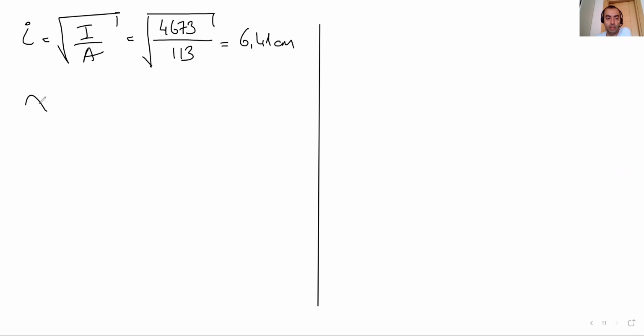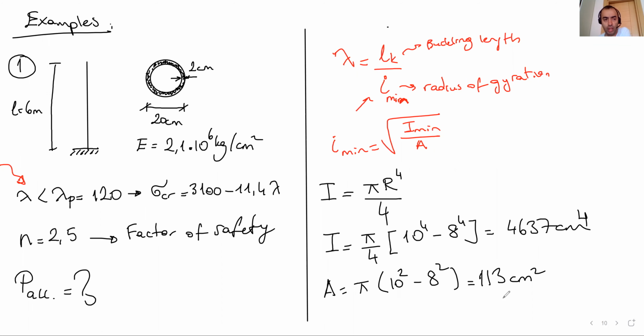Now we need to calculate lambda. We have to look at LK. What is LK for this question? What kind of column do we have? We have a vertical cantilever. The top end is free and the bottom end is fixed.